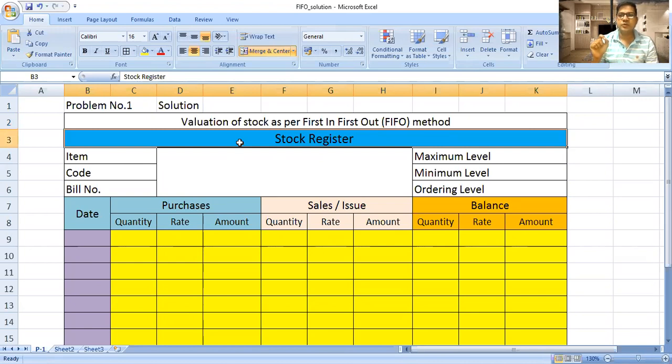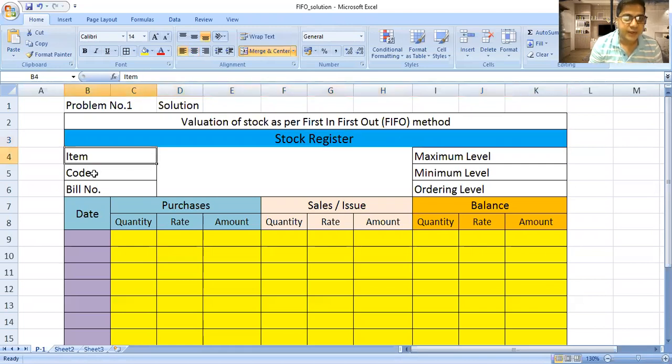Generally in factories, warehouses, storage rooms, companies prepare stock ledgers. They maintain stock ledgers and apply various kinds of methods. There are various methods, but today we will study the FIFO method, first in first out.